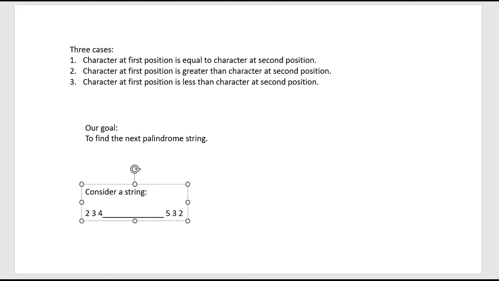So if its value increases, we can actually decrease this 5 to 4 to give us the next palindrome. Or it might happen that the inner string's value remains the same. So in that case we will try to increase the inner string's value to the next palindrome, and then decrease this 5 to 4 again.